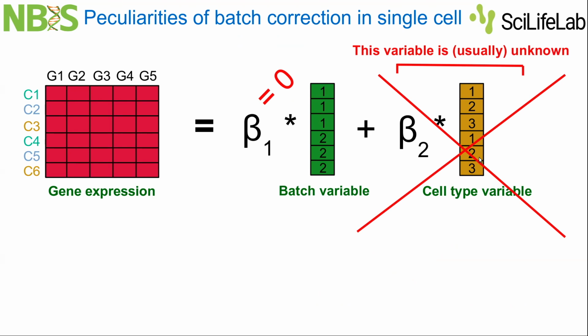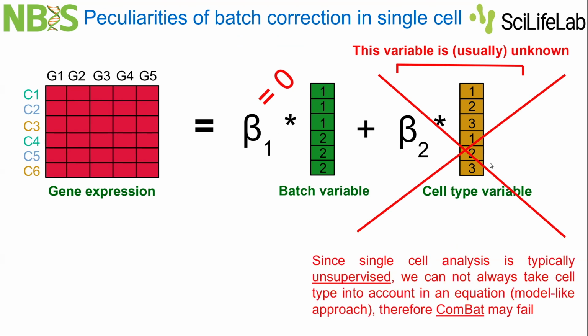So how to ensure that removing this batch variable will not lead to the removal of valuable cell type information? And this is why basically Combat and Limma and this simple regressing out the batch strategy doesn't work for single cell really, or has limited applications.